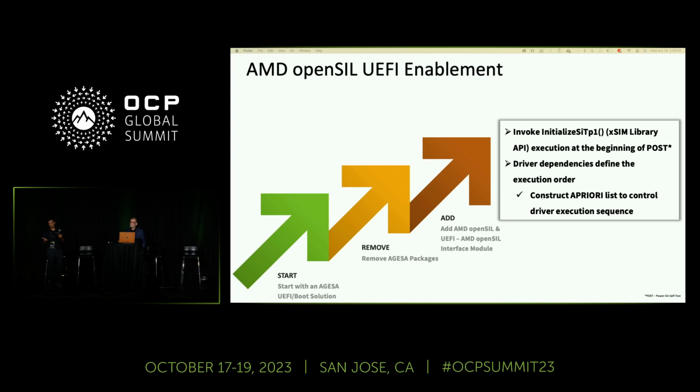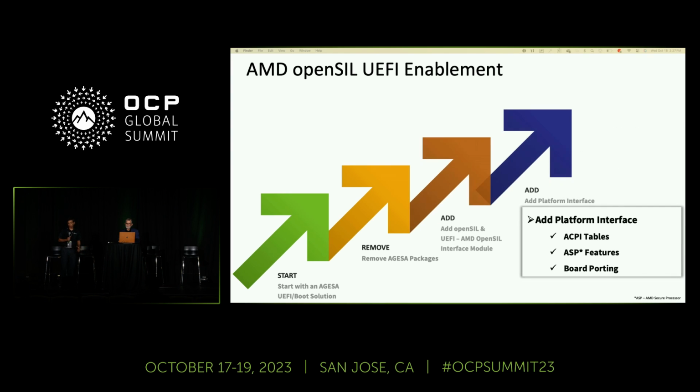You can consider UEFI AMD OpenSIL as nothing but a wrapper which will convert your firmware-agnostic OpenSIL library into something UEFI knowledgeable, meaning all the DXE and PEI drivers can know what to do with it. That wrapper is what the UEFI AMD OpenSIL interface does.